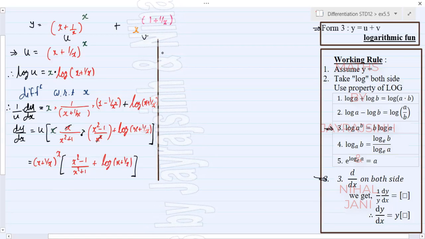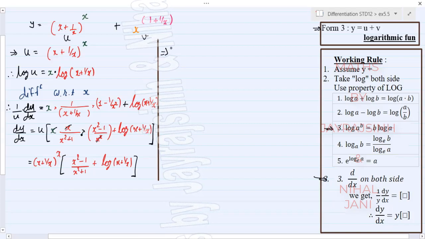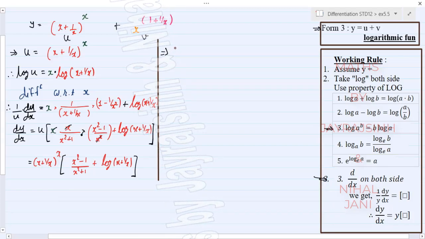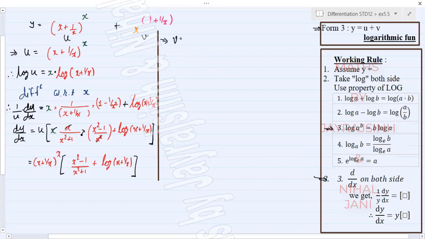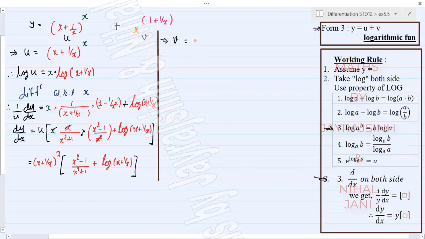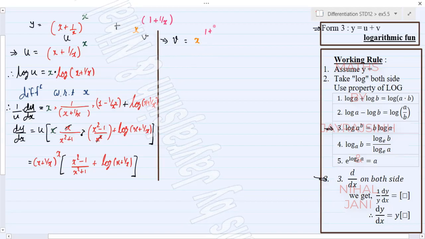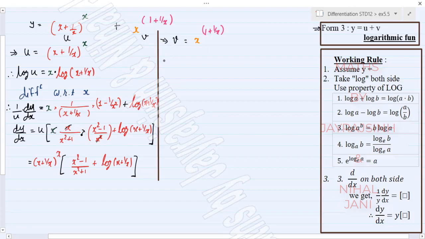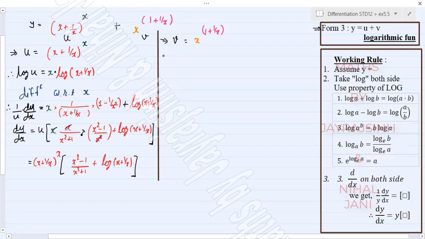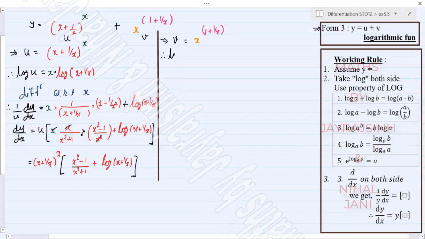Okay. Now it's time to get differentiation of v, which is x raised to 1 plus 1 by x. So first of all, let's take log both the sides.